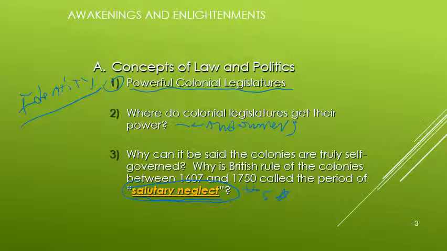So I really want you to understand how important that is. Salutary neglect allows for the colonies to familiarize themselves with self-rule, and when you try to take that away from them, they're going to rebel, right?